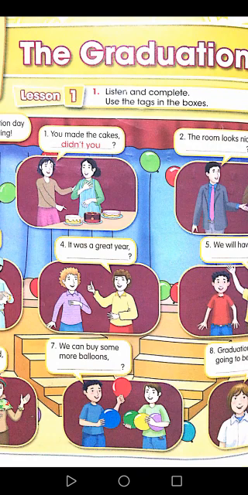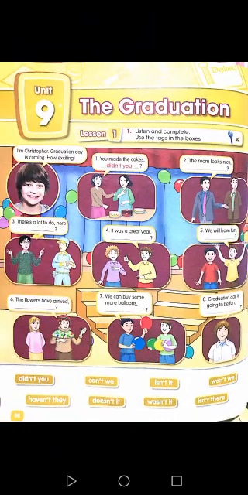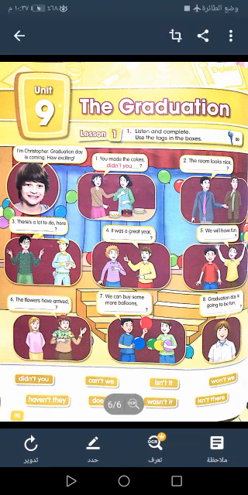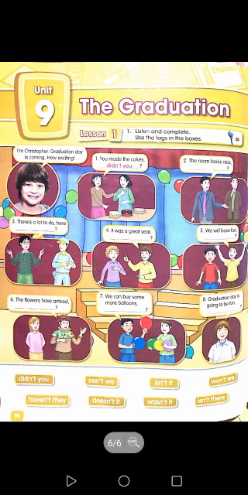Use the tags in the boxes. We have these boxes under the pictures. We will choose from them and complete the spaces. Please listen to me and try to complete these bubbles.